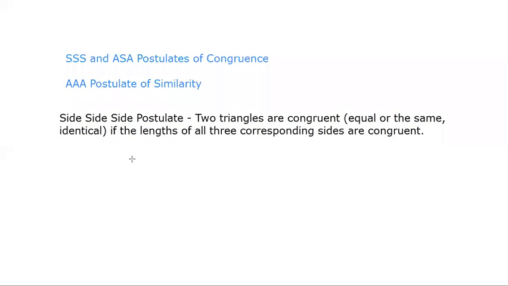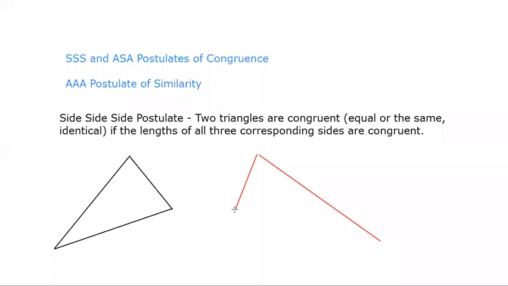What it looks like in a picture, and keep in mind, we're not just dealing with right triangles here. This could be any kind of triangle. So we have the black triangle, and then let's make the red triangle. And geometry test makers love to flip these shapes around, rotate them, reflect them, and transform them, just to try to hopefully confuse you and keep you from knowing which side matches with which.